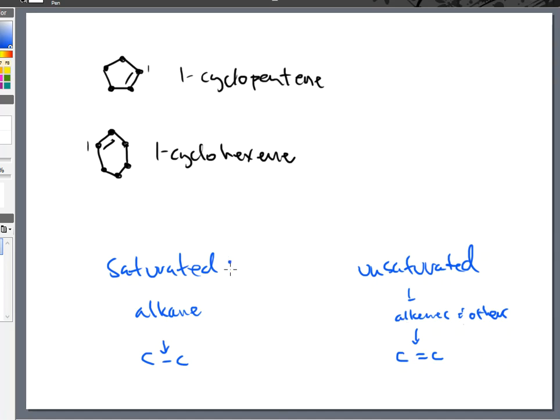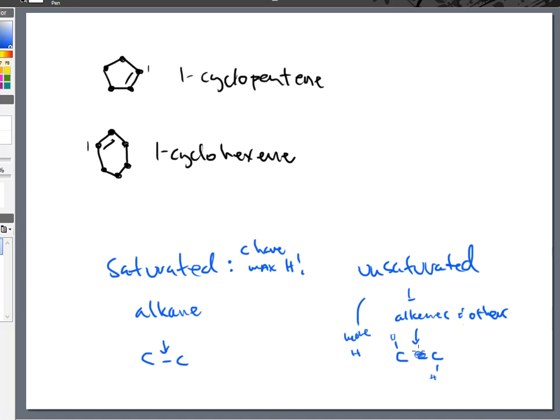So saturated means that all of the carbons have the maximum number of hydrogens that they could ever have. And unsaturated basically means that these carbons could take on more hydrogen. But the only way they could take on more hydrogen is if they destroy that bond and open up a site of attachment where more hydrogens can go.